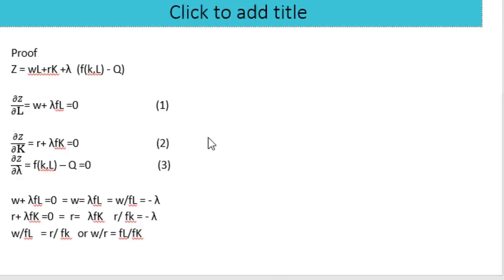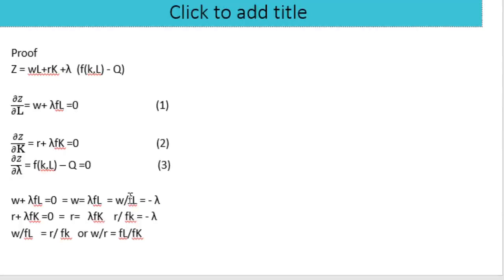From equation 1, we can say that W plus lambda FL equal to 0 means W equal to minus lambda FL, or W by FL equal to minus lambda. And from equation 2, R plus lambda FK equal to 0, R equal to minus lambda FK, that is R by FK equal to minus lambda.